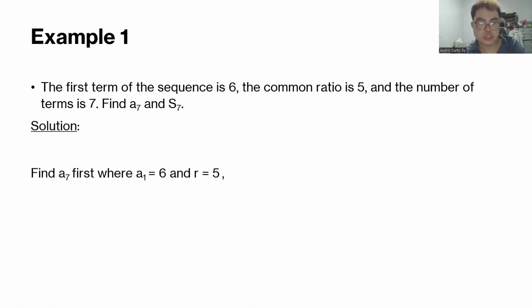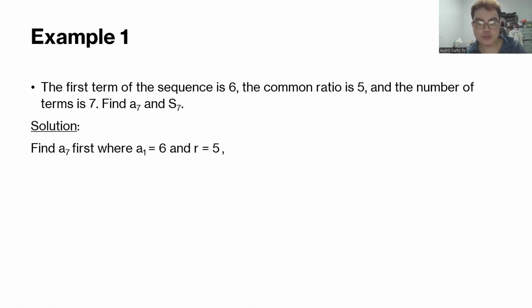So here's the solution. First, we're going to find a sub 7, where a sub 1, also known as the first term, is equal to 6, and the common ratio r is equal to 5. So we're going to use the geometric sequence general term, which is a sub n is equal to a sub 1 times r raised to the power of the difference of n and 1.